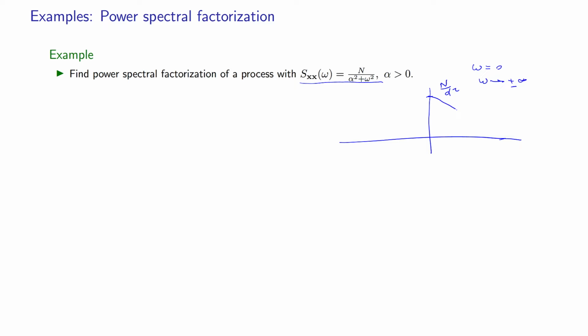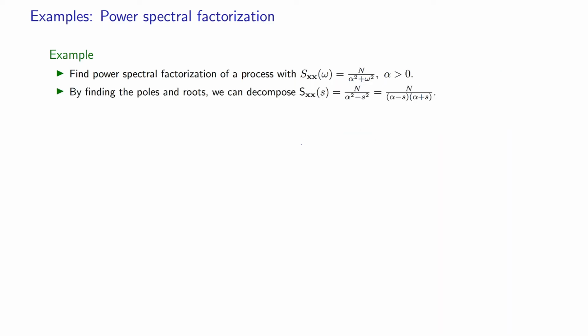So you get a Cauchy-Bell function, something like that, which asymptotically becomes 0. So this is a low pass random process if alpha is a positive number.